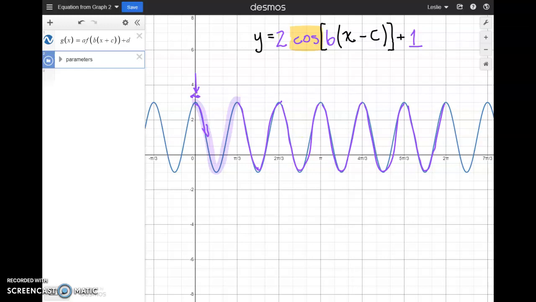It's not that they always would be, but for the purpose of doing this exercise, I want you to be able to figure out with some confidence what those values are. I don't want you to have to try to second guess whether this starts at 0 or 0.01, for example. So if you're that close to 0, you can assume it's 0. So that means that my C value is 0 as well. And I don't have to write it as x minus 0. I can just write it as 6x.